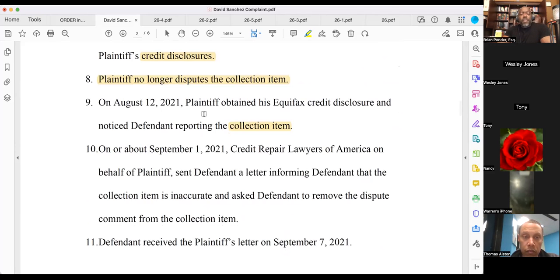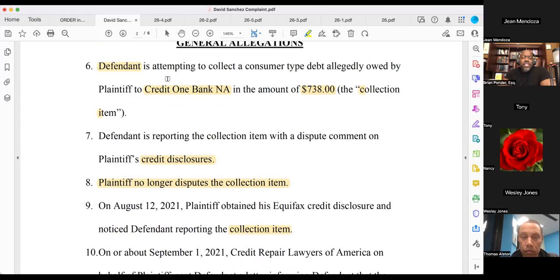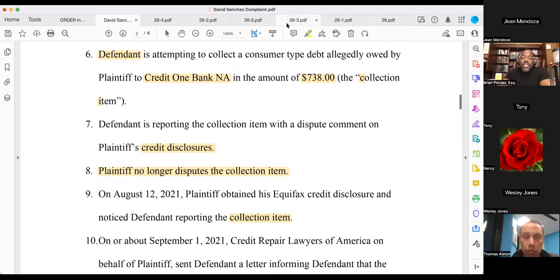So on August 12th, plaintiff got the Equifax disclosure and noticed that collection item, and this can't be correct either, because this collection would be listed by defendant, but when you read this, it says what the underlying item is, but what the person likely saw was an LVNV trade line for 738 with an original creditor of Credit One. So I don't know. I don't think it's written all that great.